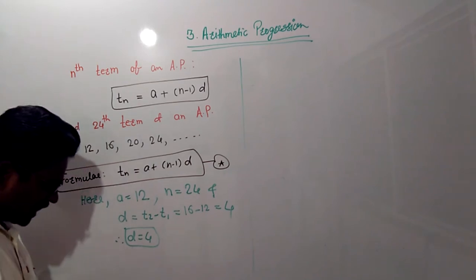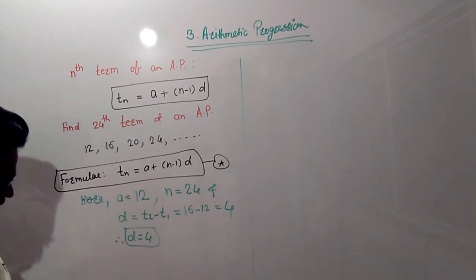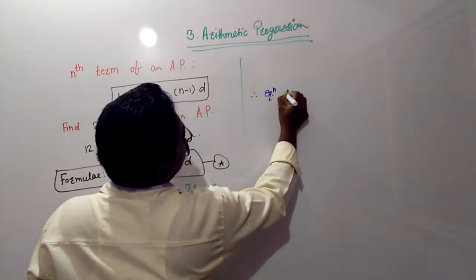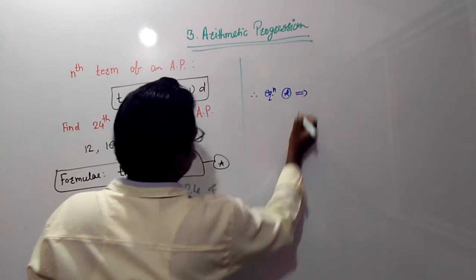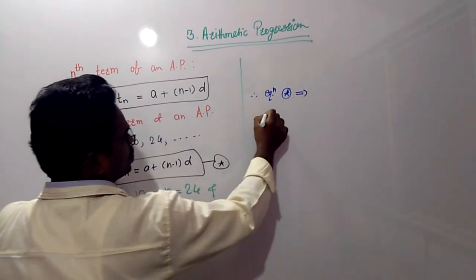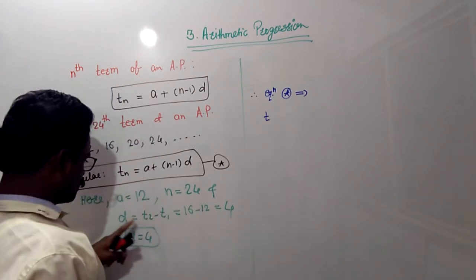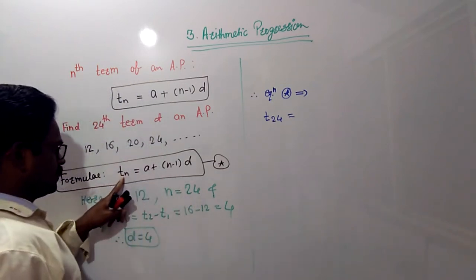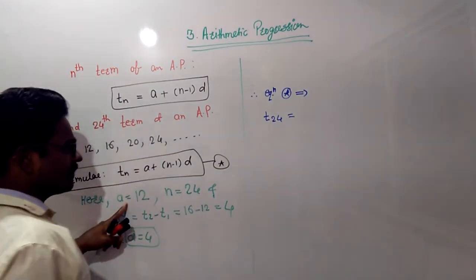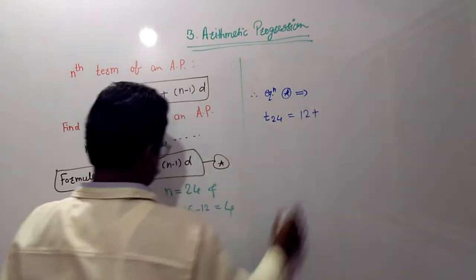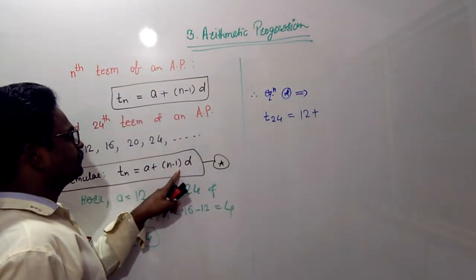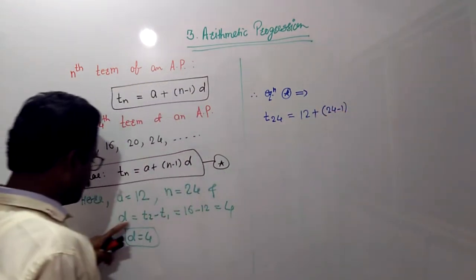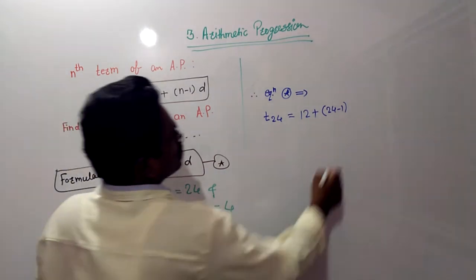So equation star becomes: Tn, where n is 24, is equal to a, which is 12, plus n minus 1, where n is 24, so 24 minus 1, into d, and d is 4.